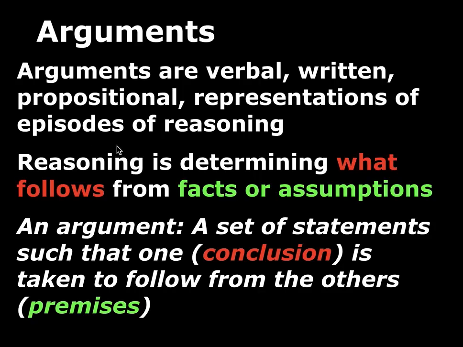Okay? So reasoning is determining what follows from some facts or assumptions, so we need to represent both the initial facts and assumptions, and we're going to call those premises, as well as the new thing that possibly follows from those facts and assumptions. We're going to call that the conclusion.